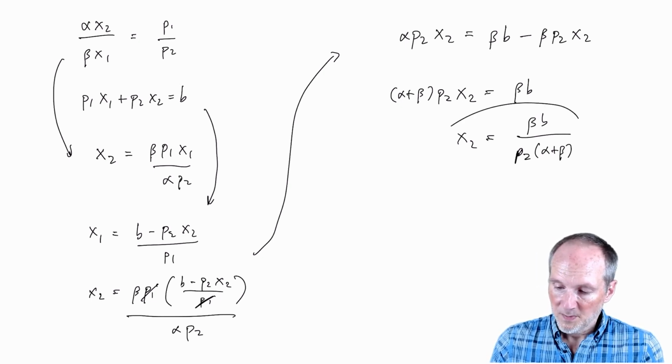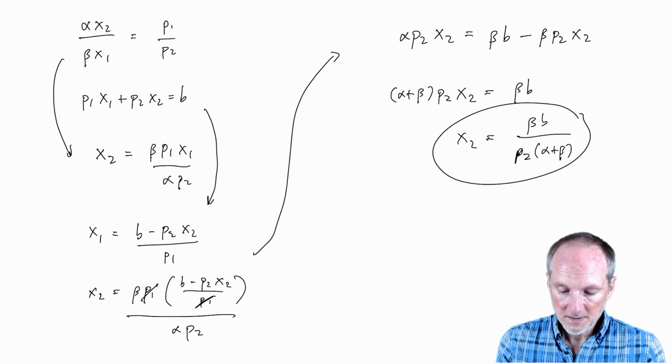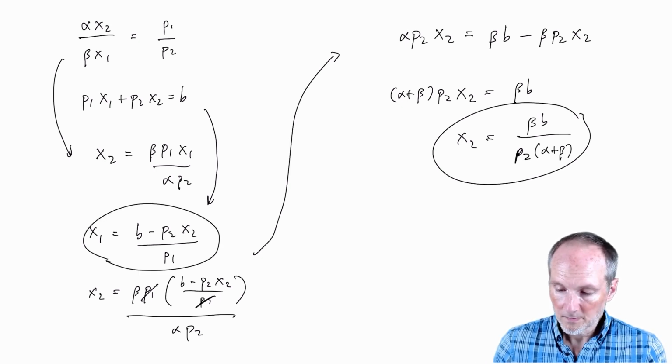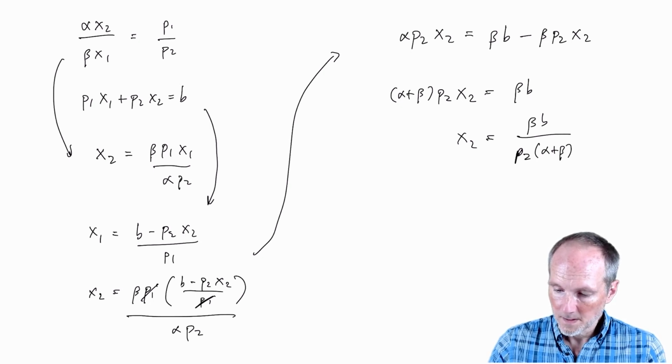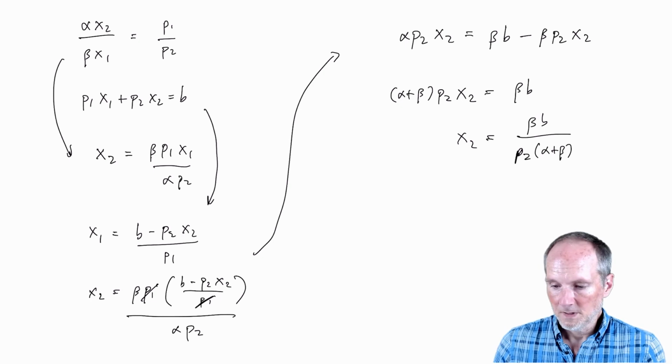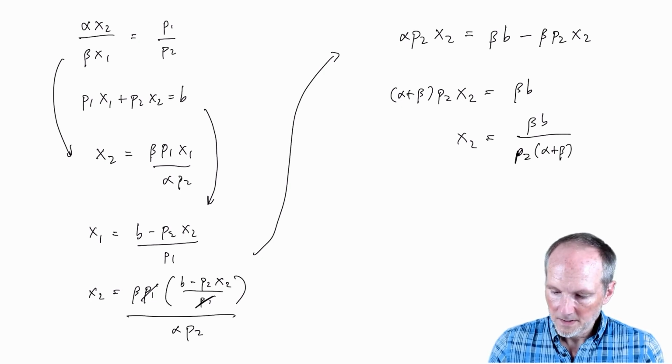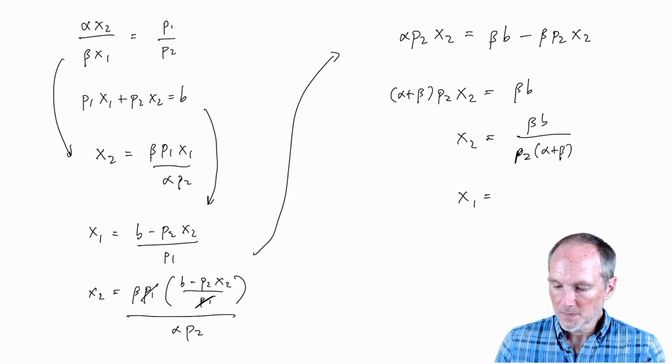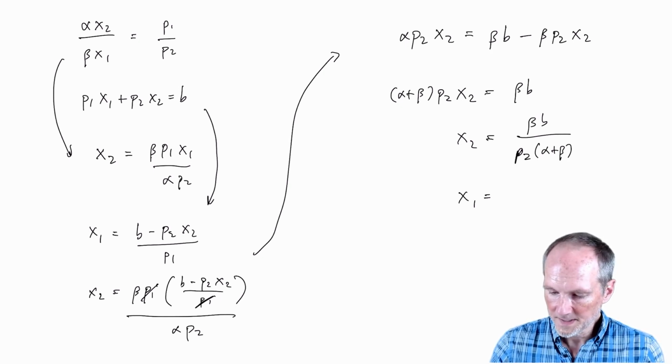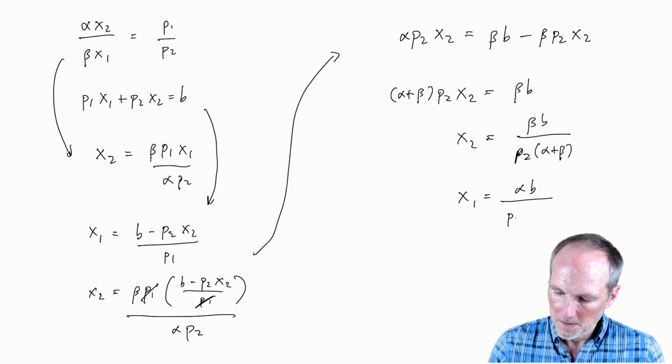So then we plug this back into our budget constraint, and we better get some expression that's symmetric. I'm not going to go through all that algebra, but we do get something symmetric with a P1 instead of a P2.